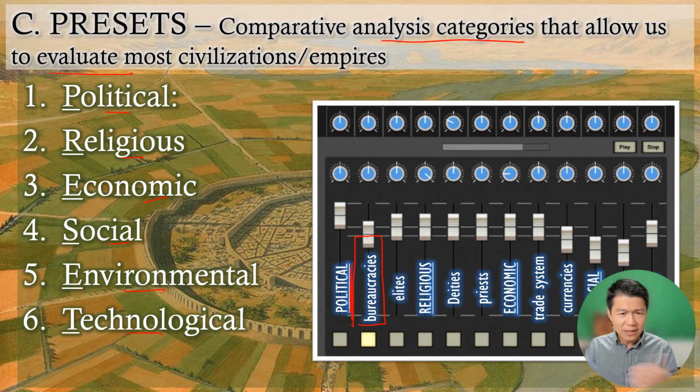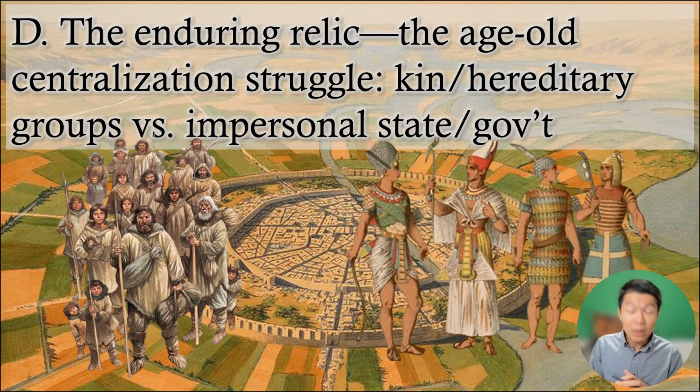But before we end this, we want to examine one of the major consequences of these new kingdoms and cities that are established. And that is their creation. These cities and these city-states are going to create these impersonal states and governments. In other words, they're going to create order that is outside of the scope of family, kin groups, and so forth.